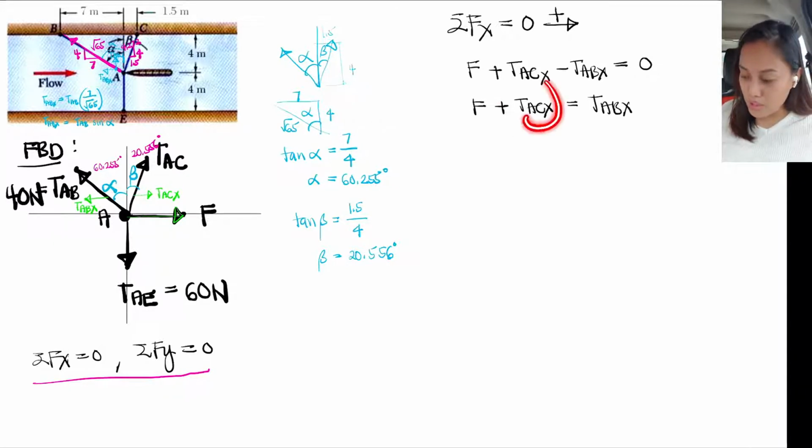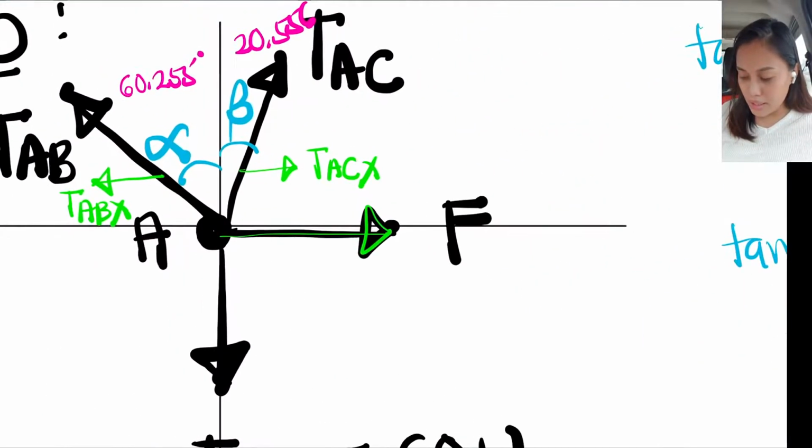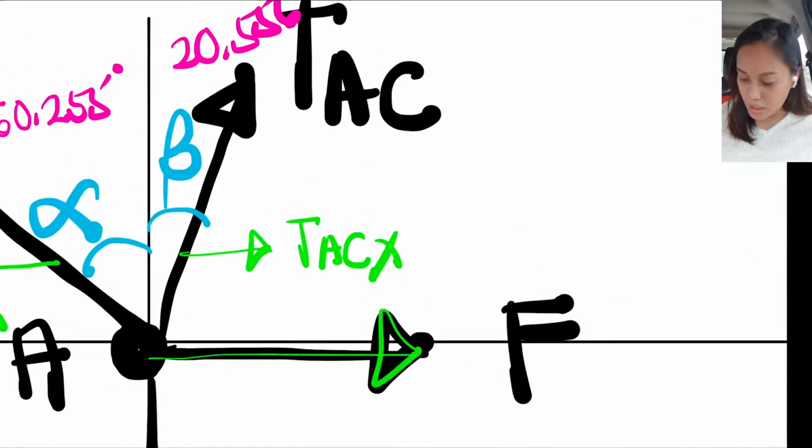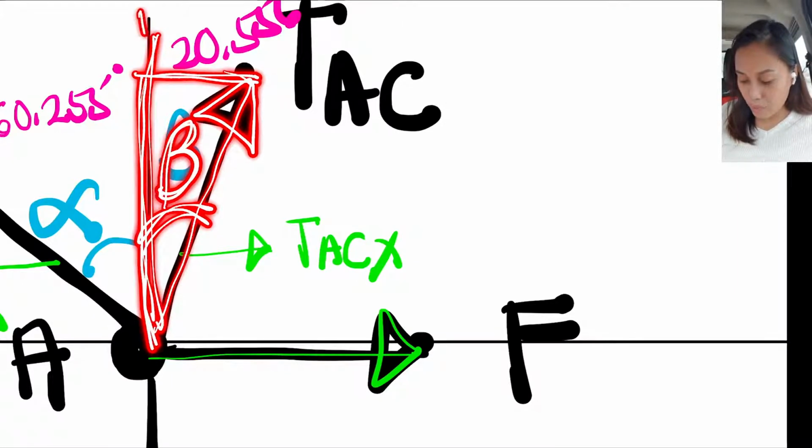Next, what is the value of TACX or TABX? What is TACX? Looking here, TAC, if we make it a triangle enclosing beta, this is beta, the angle from the y-axis.